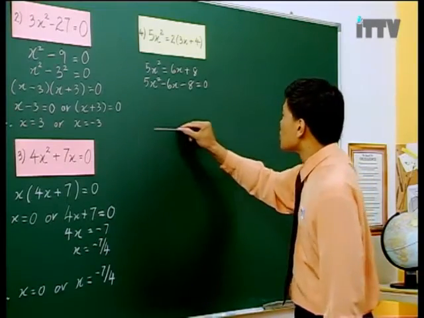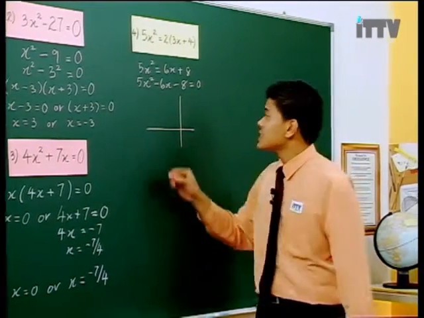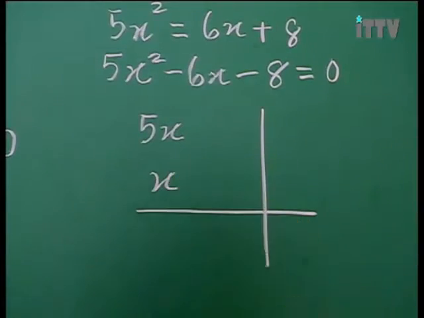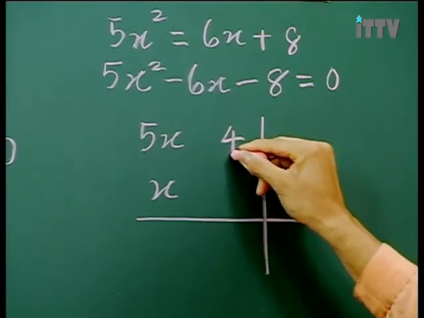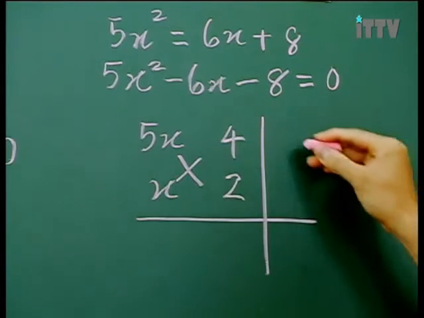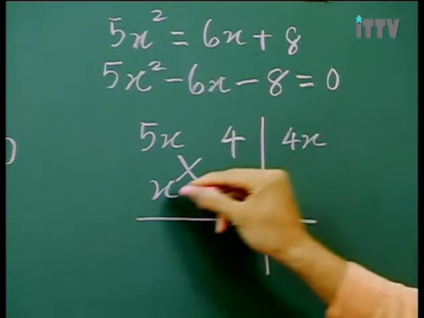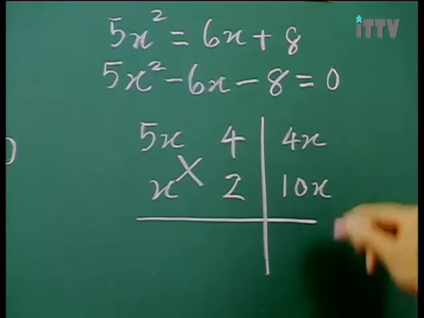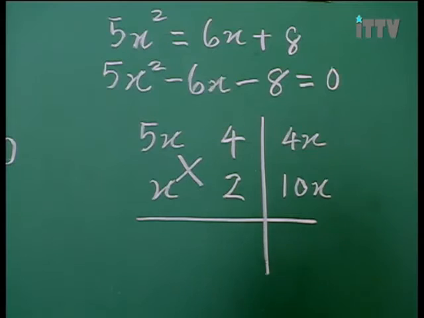So let's apply the cross method. You draw the two lines, and 5x squared, you get it by multiplying 5x and x. And what about 8? You get it by taking 4 times 2, and then don't forget to cross diagonally. x times 4 is 4x, 5x times 2 is 10x. Now we are going to put the signs.